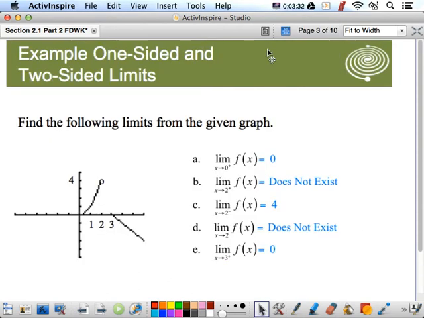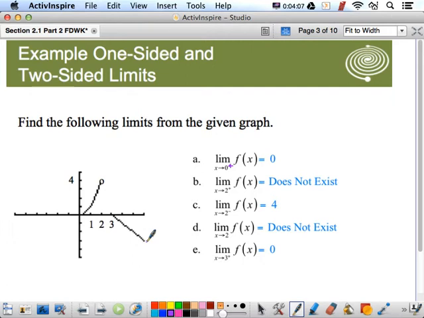Okay, so let's look at this graph that we've been given, and we're being asked to find several things about it. The first one we're being asked to find is the limit as x approaches 0 from the right. It's a little hard to see, but that is a plus sign right there. So that means if I'm looking at the graph, I need to take my pen and go to the right side of 0, right?